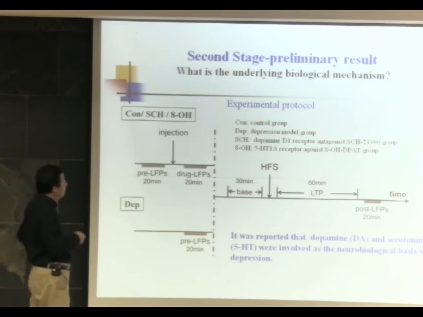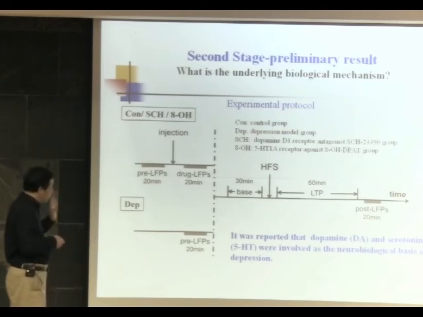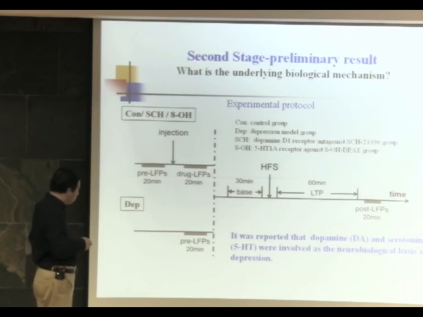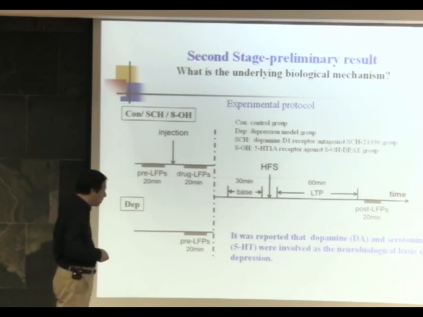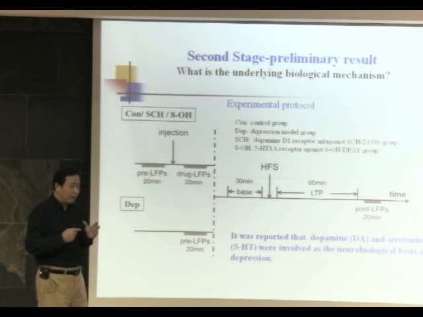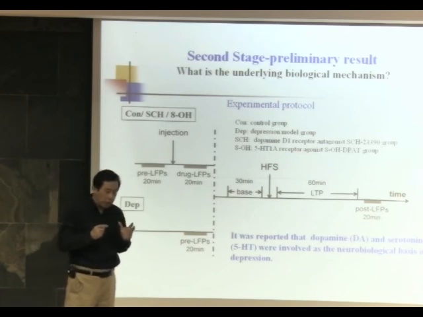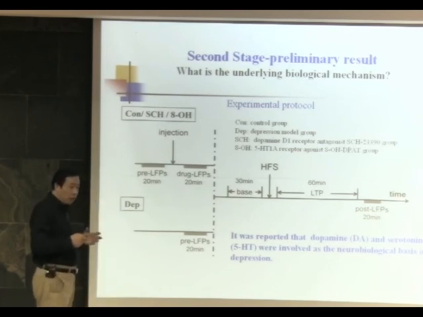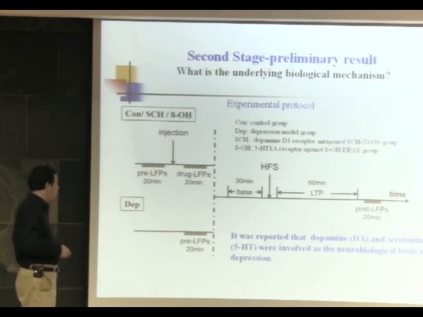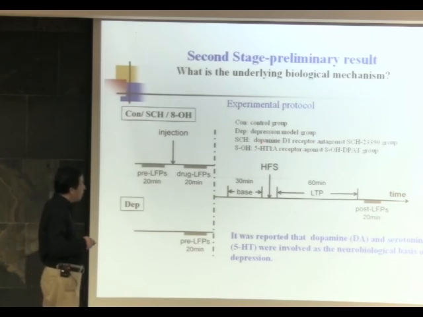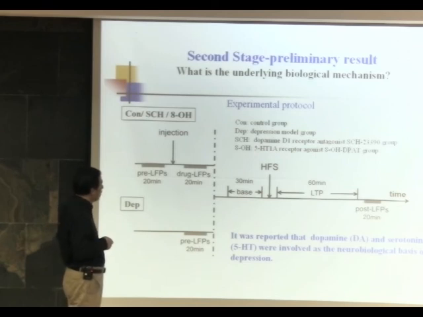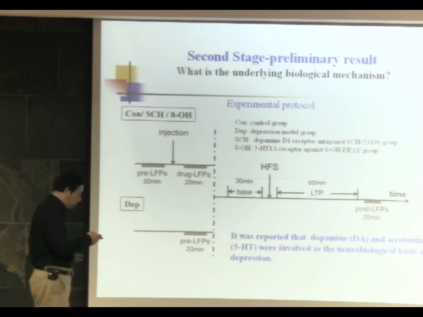One is a control, another is depression, and the other 2 are drug groups, because it is reported that dopamine and 5-HT systems are mostly involved in depression. So we use a dopamine receptor antagonist as one group, and then a 5-HT receptor agonist as another group.